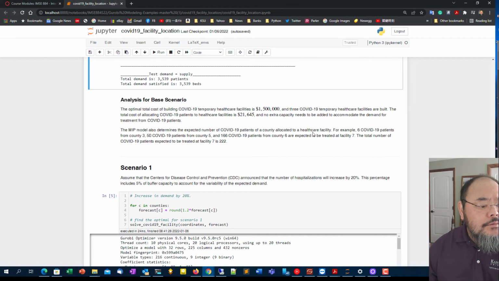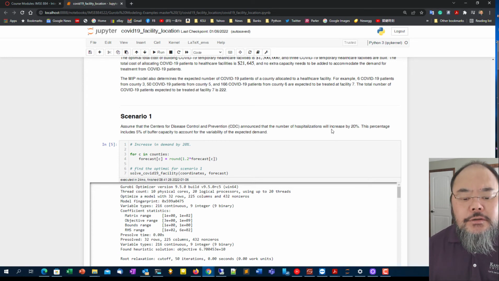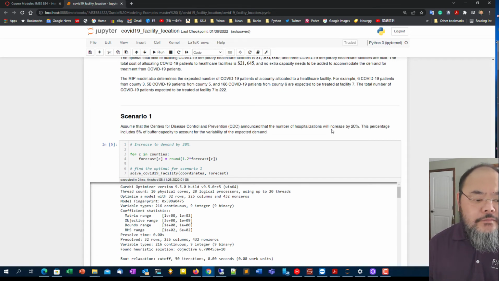The next thing we're trying to do is, if we anticipated there will be an increase of hospitalization by 20%. The CDC announced a new virus variant showed up, and it could have increased the infection rate.